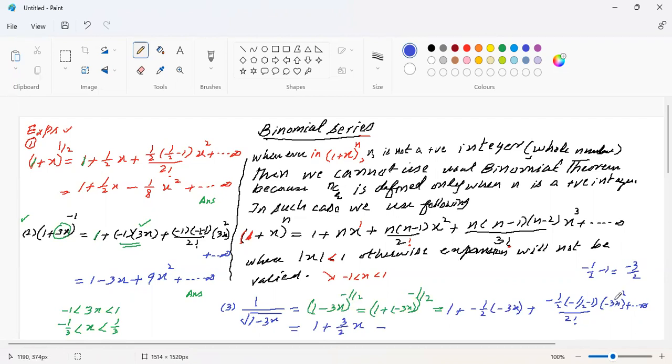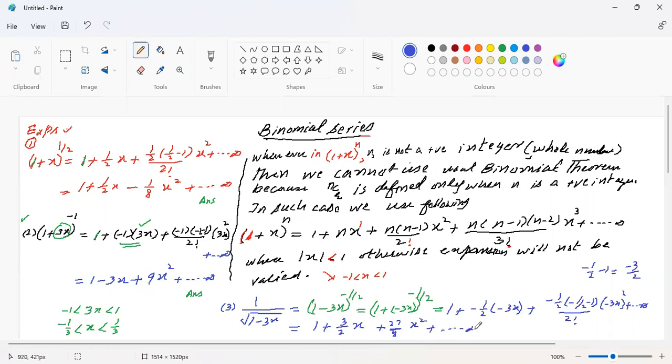And of course, this is also 9. So you can write this as 3 by 8 into 9. So it will be a positive term because this negative becomes positive. So your answer is 3 by 8 into 9, so we can say it is 27 divided by 8, x raised to the power 2 and so on.